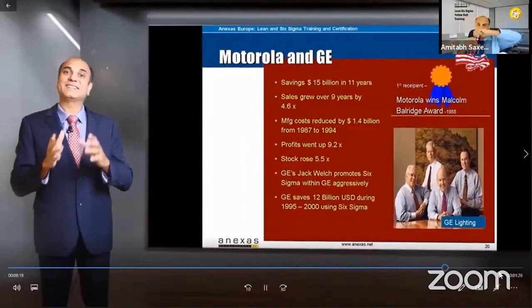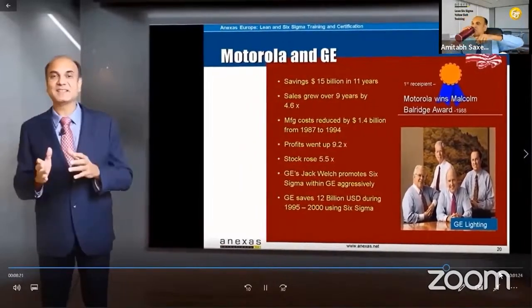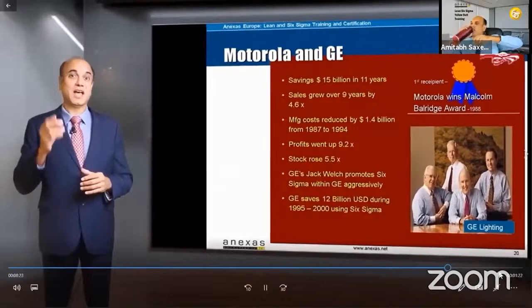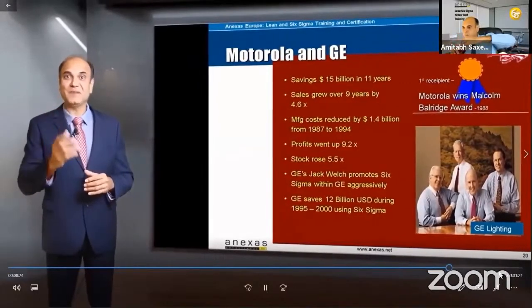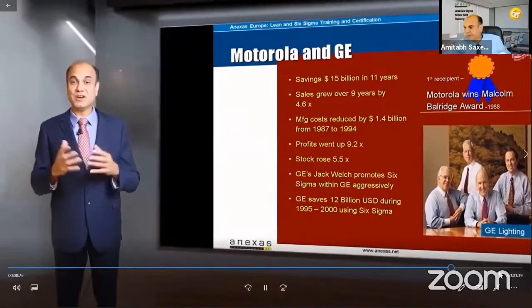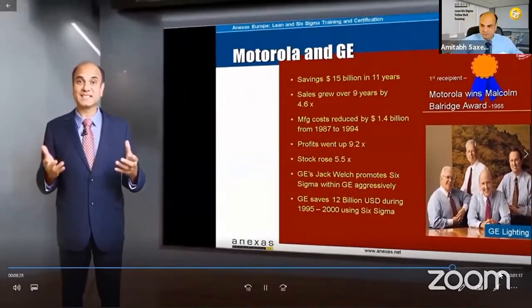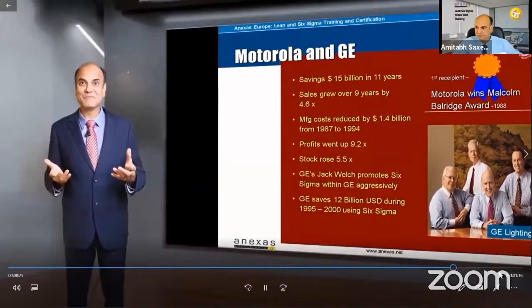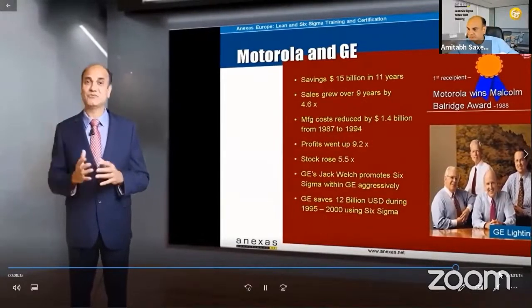Then GE started telling their vendors and suppliers that if you want to have business from GE, you need to implement Six Sigma. So vendors also started asking what is Six Sigma, and GE would say that we will send our master black belts and train you in this methodology.